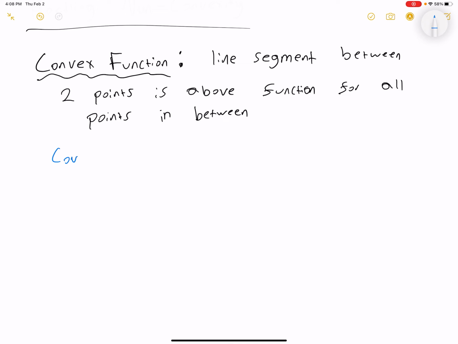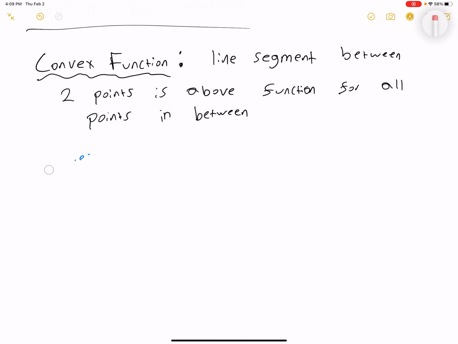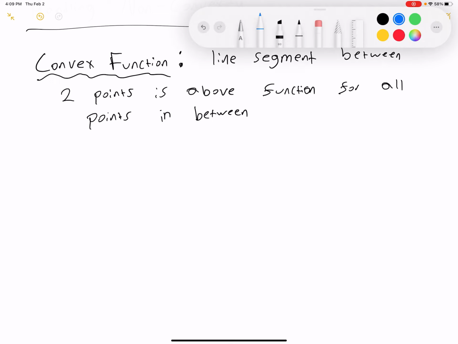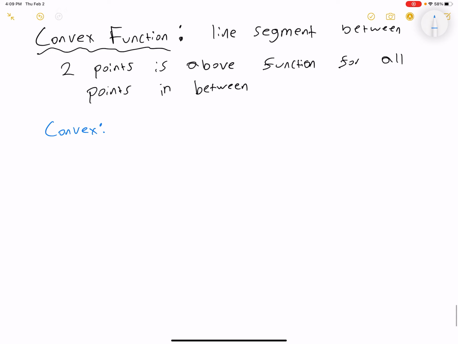So for example, this is a convex function. That's like what the loss curves tend to look like.